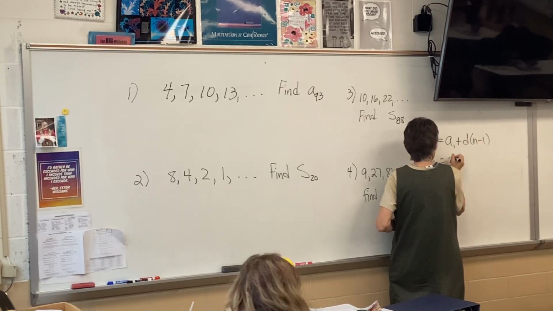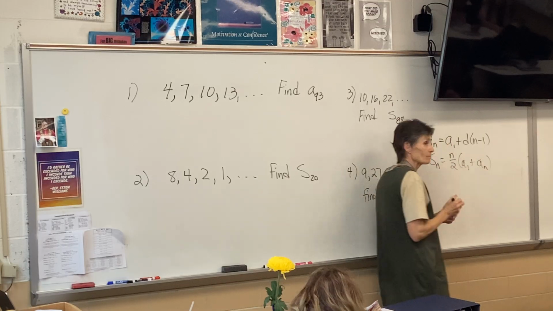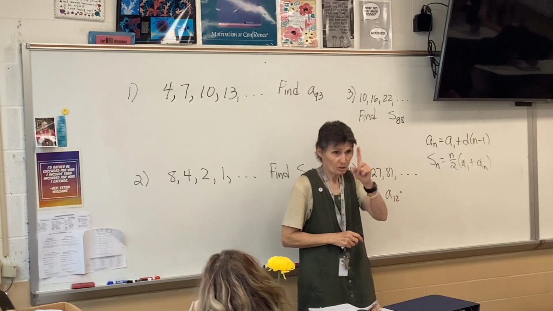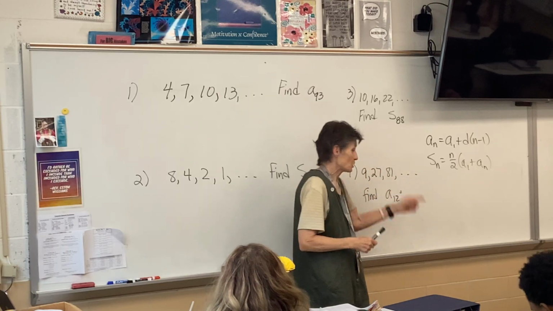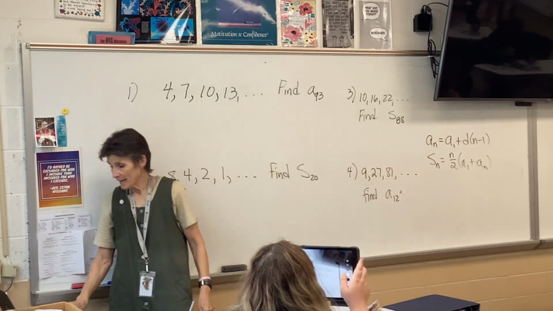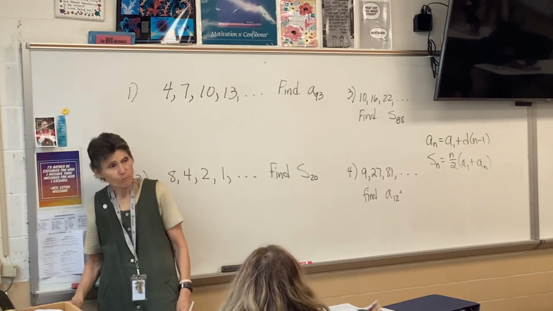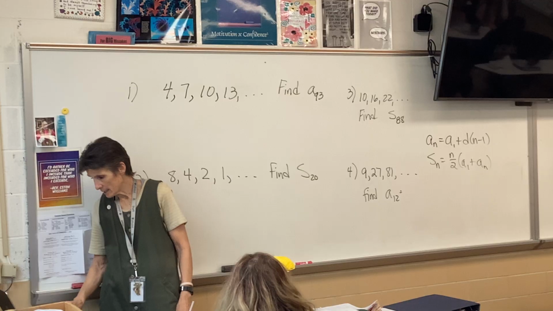Once you've figured out it's arithmetic, it's going to be one of those two formulas for this problem. The next thing you ask yourself is, am I looking for a sum or am I looking for a term?